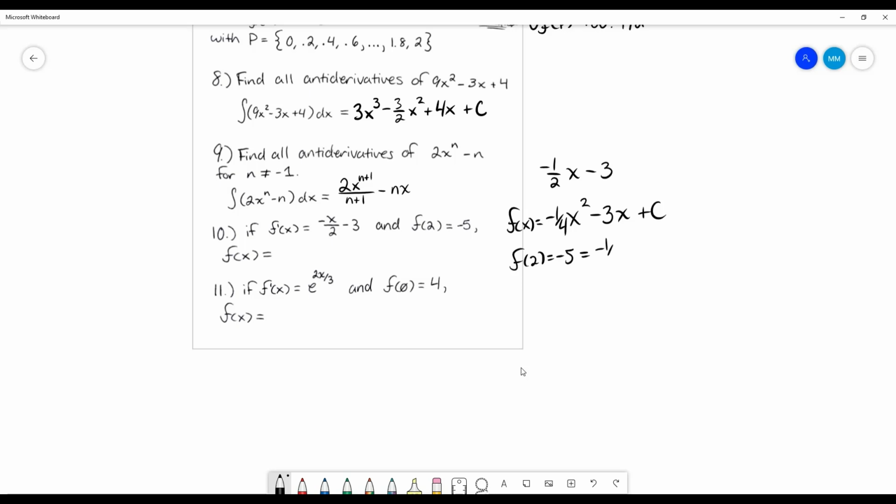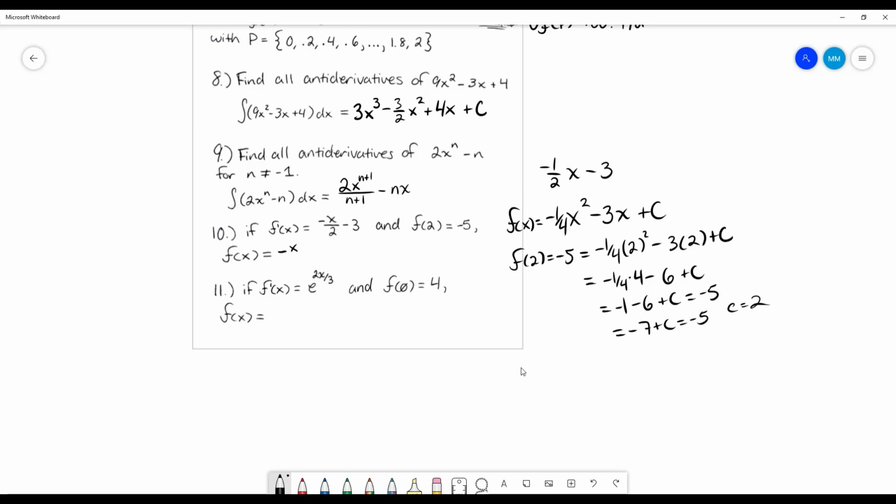So it's going to be -1/4, 2 squared, -3 of 2, plus c. So it's -1/4 times 4 minus 6 plus c, which is just -1 minus 6 plus c equals -5. So -7 plus c equals -5, c equals 2. So it's going to be all of this except c is 2.